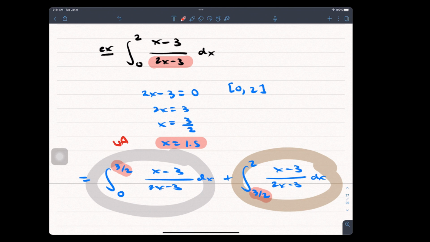So in order to have convergence to a finite number, what do you guys think you have to have? Convergence for both. They both have to be finite. So if the first improper integral is finite, the second must be finite, and then the sum is finite.